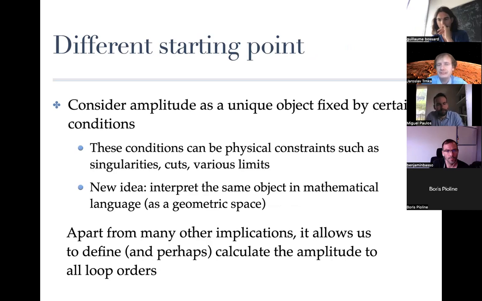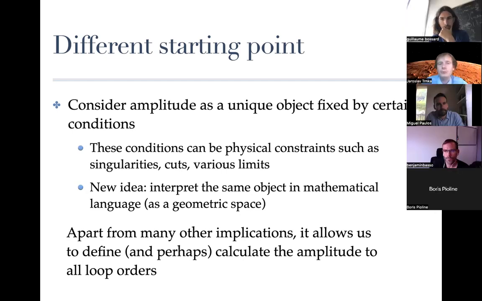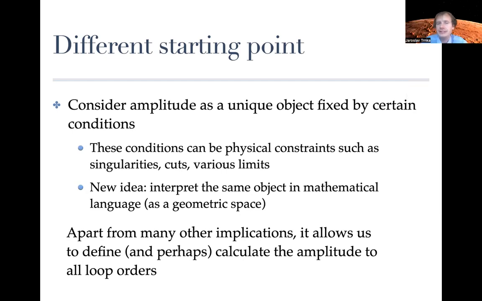Maybe we also need various limits to fix it. But the new idea would be to give a geometric interpretation of this object and fix it from mathematical conditions rather than physical conditions. Hopefully, if successful, we will be able to define this object to all loops, which would be the easier part, and hopefully use it to do some calculations.